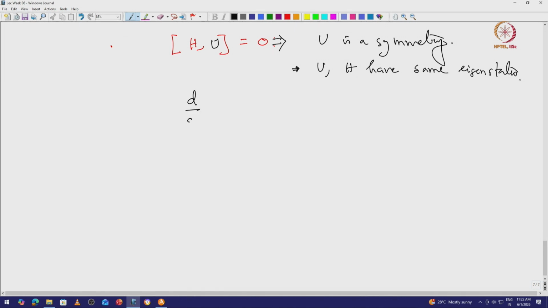And starting with the Heisenberg equation of motion, if U commutes with the Hamiltonian, then U is a conserved quantity.